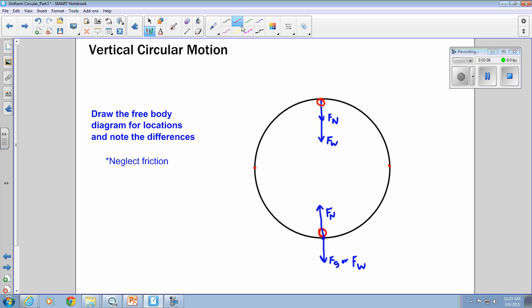When we analyze this on the left and right side, you can see that we've got force weight acting down, and force normal directed towards the center of the circle, and here as well, just the mirror image of the left one.